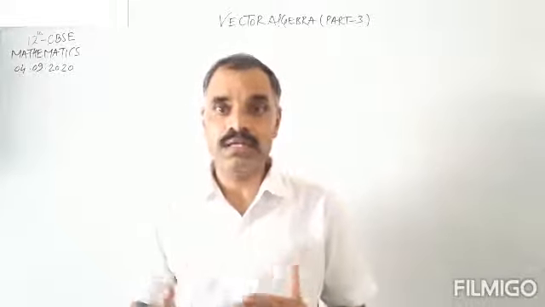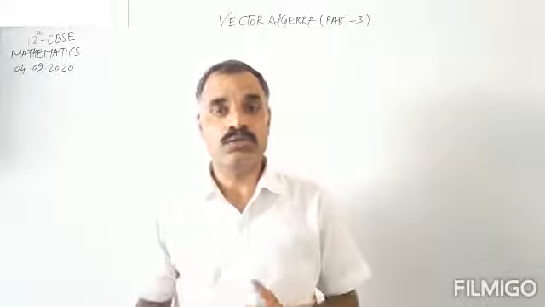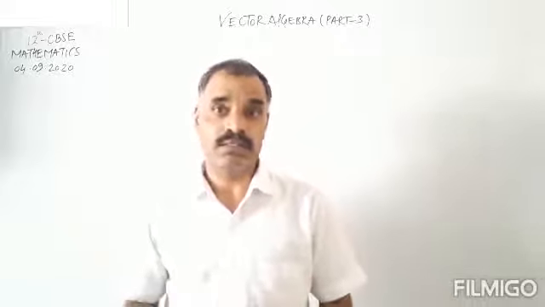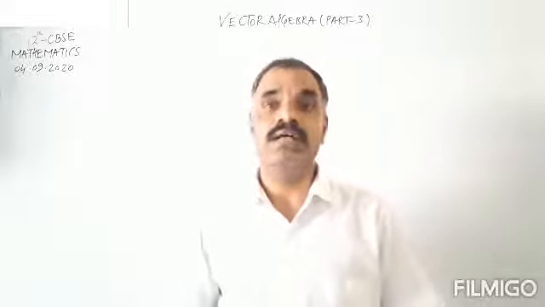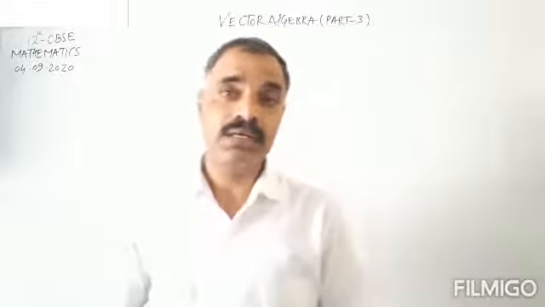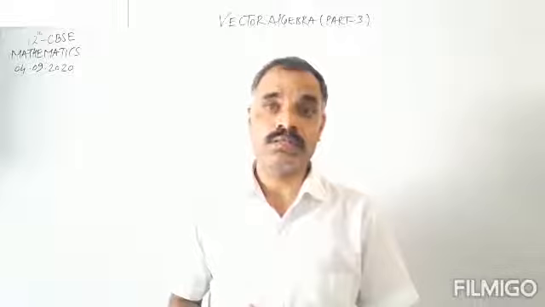We have already learned about the two laws of addition of vectors, that is the parallelogram law of addition of vectors, as well as the triangular law of addition of vectors.